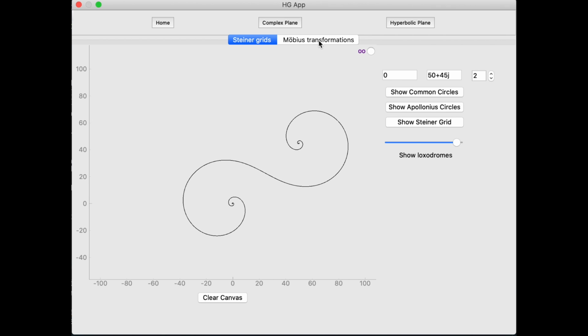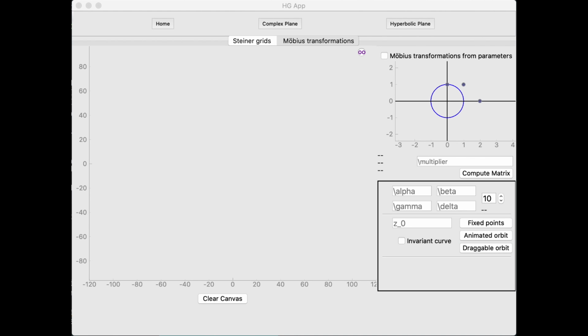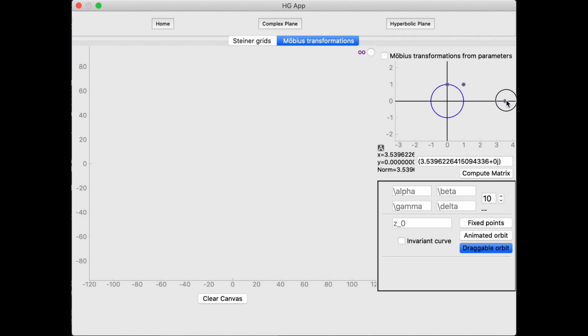Okay, so now let's move on to examples of Möbius transformations with exactly 2 fixed points. We have a theorem that says that any such Möbius transformation is conjugate in the Möbius group to a Möbius transformation given by multiplying by some alpha belonging to either the positive real numbers, the unit circle, or the rest of the complex plane, right?